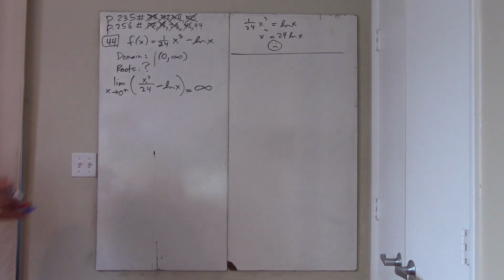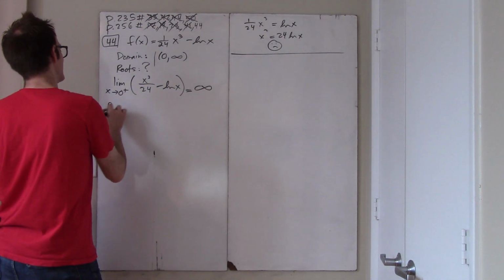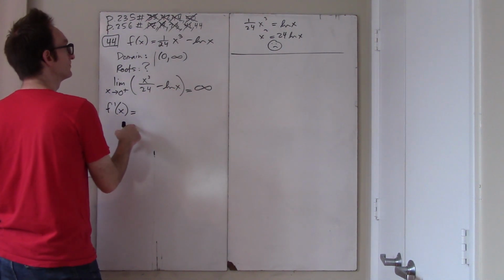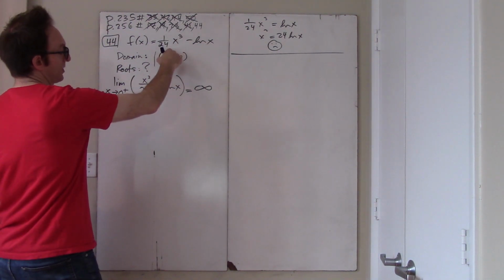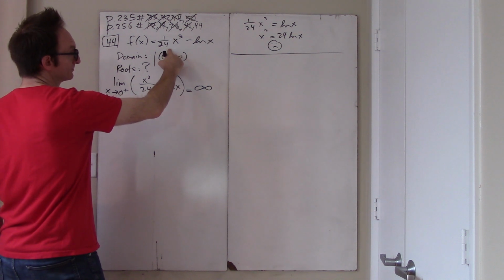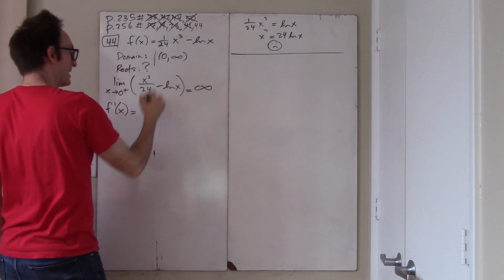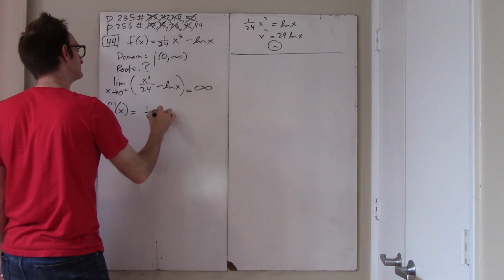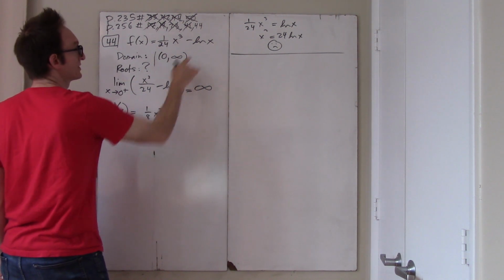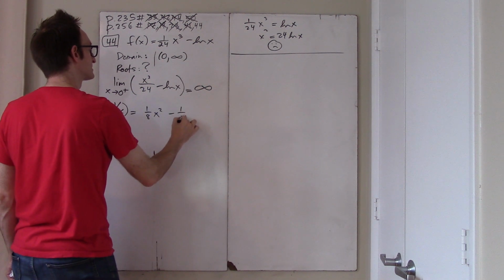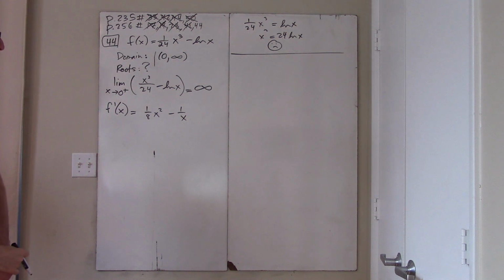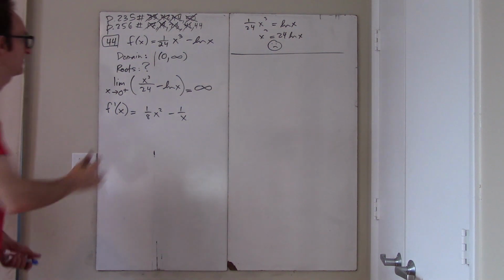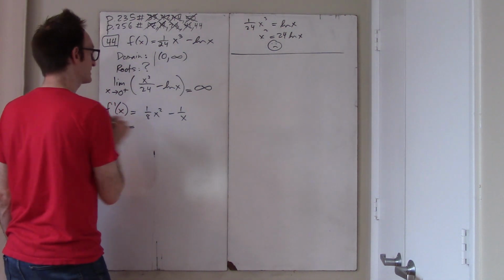Okay, any other precalculus left? I don't think so. Let's just take the derivative of this function. What do we get? We get 1/8 x squared, and then the derivative of ln x is 1/x. So that's kind of nice. And now maybe the thing to do is to factor this.